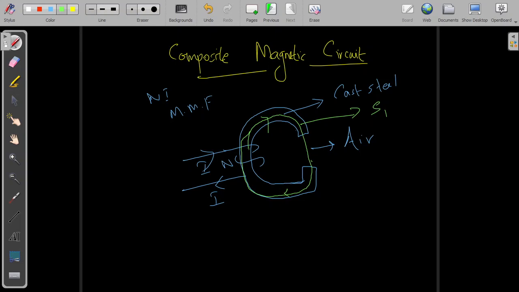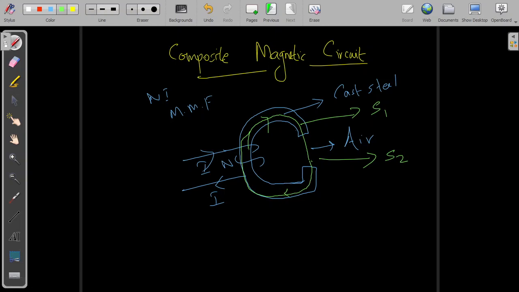When it is passing through air, it will experience a different magnitude of opposition, that is S2.